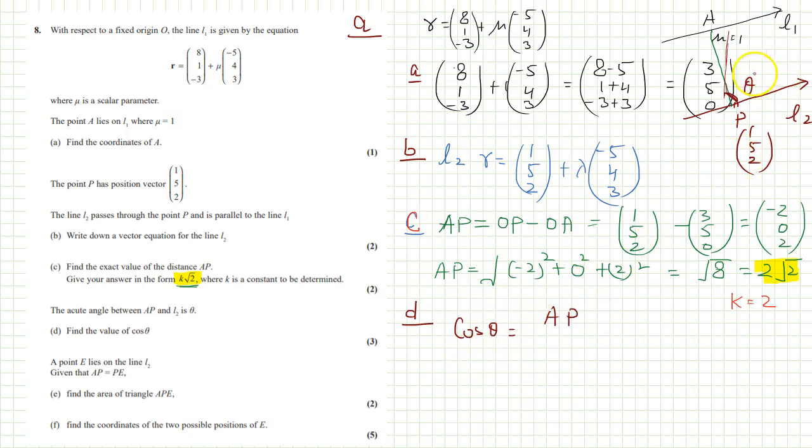So cos theta is AP dot the direction vector (-5, 4, 3), divided by length AP, which is 2 root 2, and the length of the direction vector, that is root of 5 square plus 4 square plus 3 square.